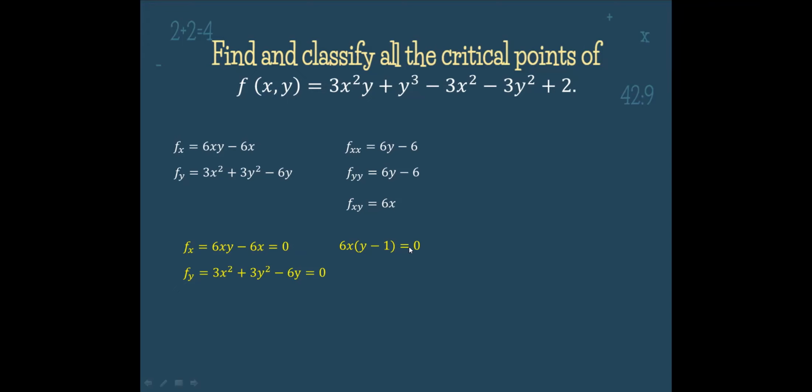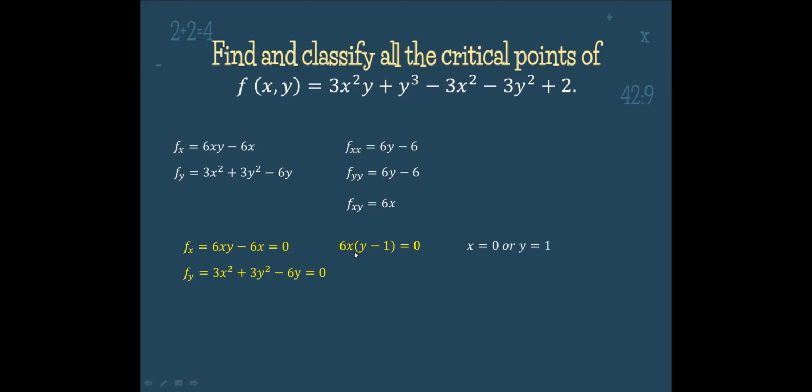This is still equated to 0. So the factors are 6x and y minus 1. We can see that the first equation will be 0 if x is 0 or y is equal to 1.